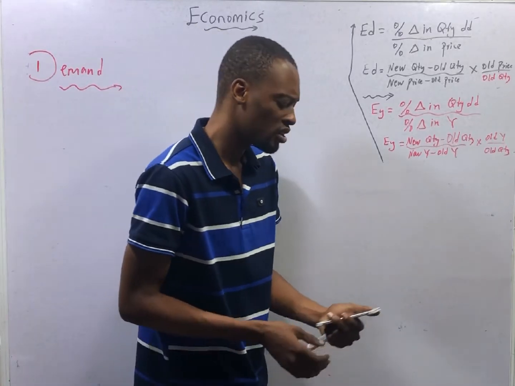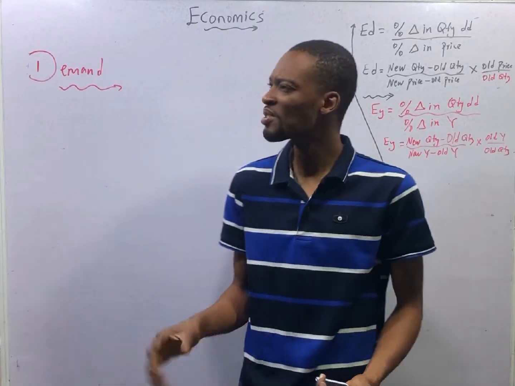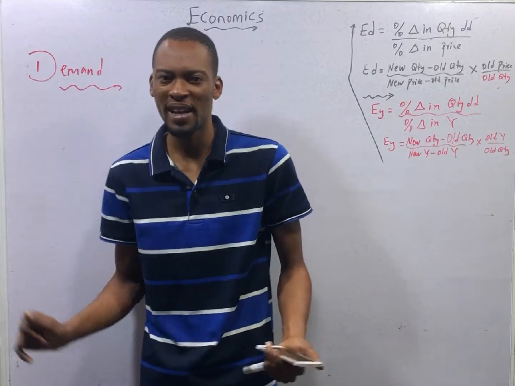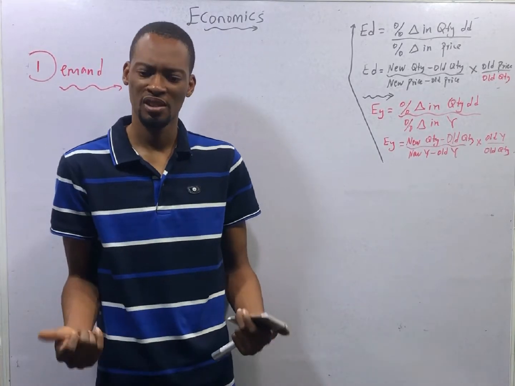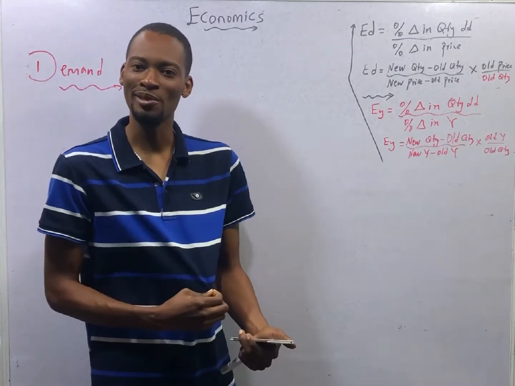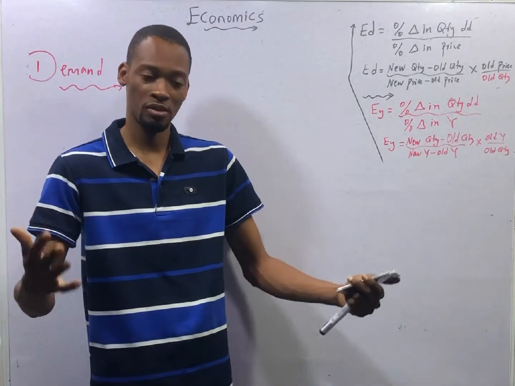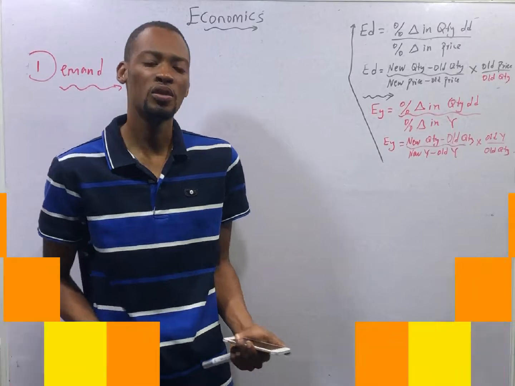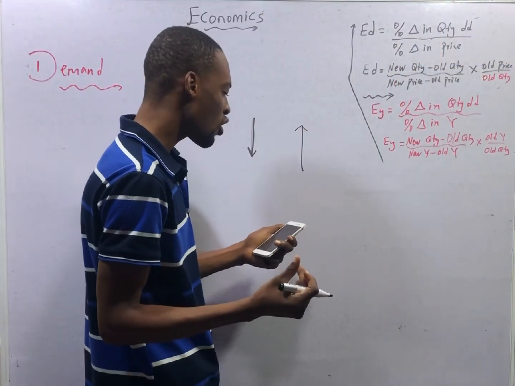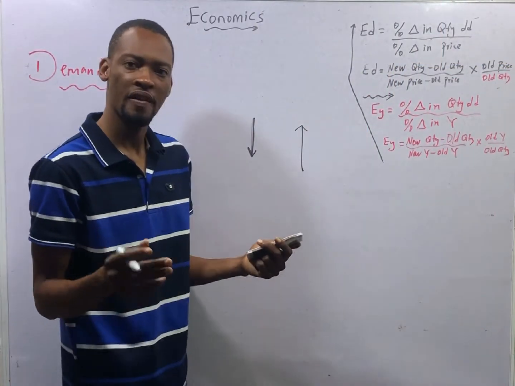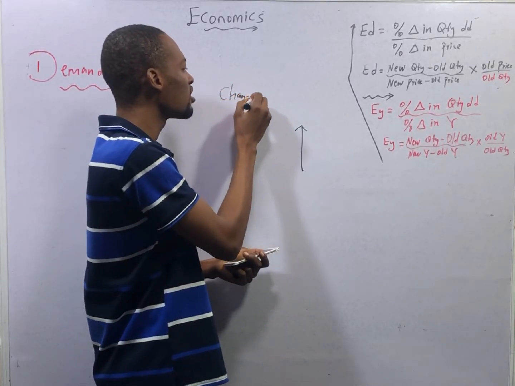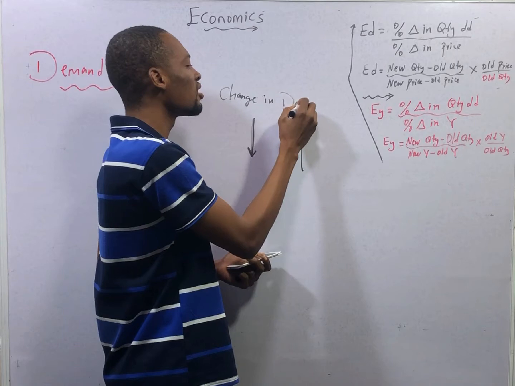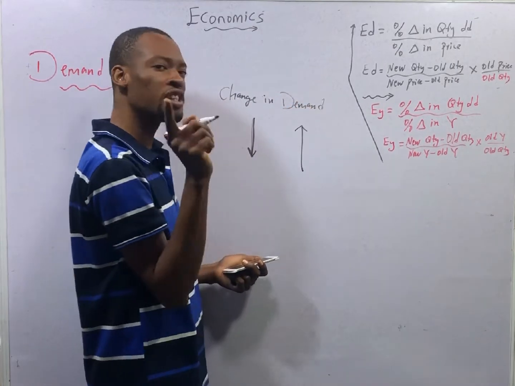By the time your income increases, for TV, you see your house, you are using a big flat screen OLED TV. I'm telling you, you are using a good phone, good car, you are buying branded clothes. So all these ones are ostentatious or normal goods or superior goods. Since income is what is affecting the demand, we are talking about change in demand, not change in quantity demanded.